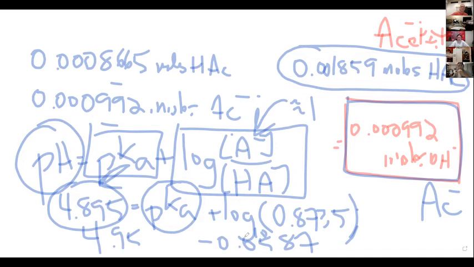But you said you just added 4.895 plus negative 0.0587. Right, so this was my pH. And if I add that number to both sides, I get rid of this expression, and all I'm left with is pKa equals the initial pH plus this little difference here.